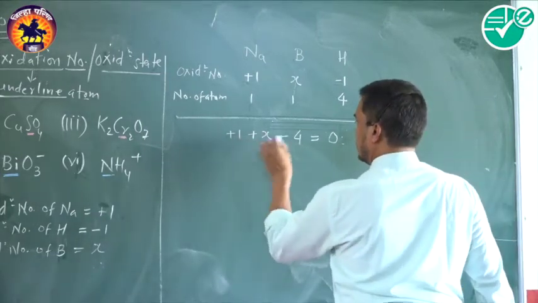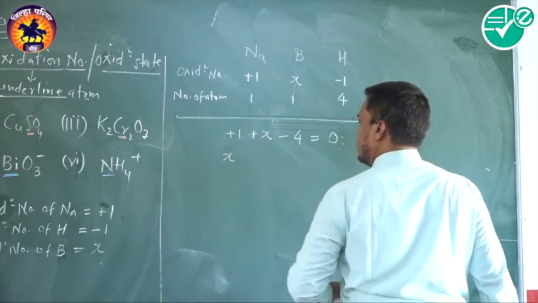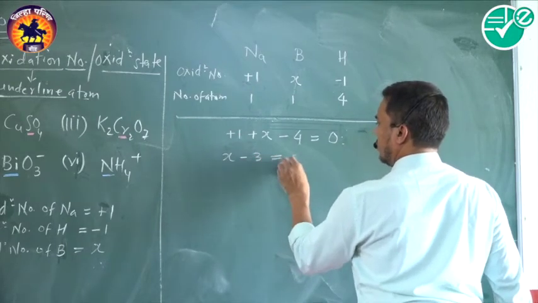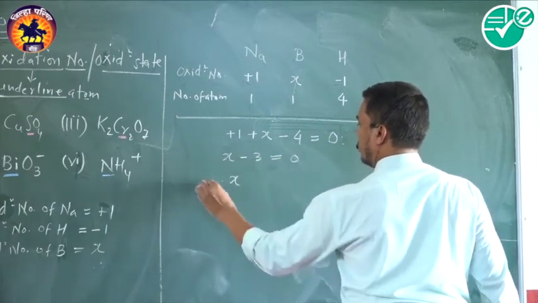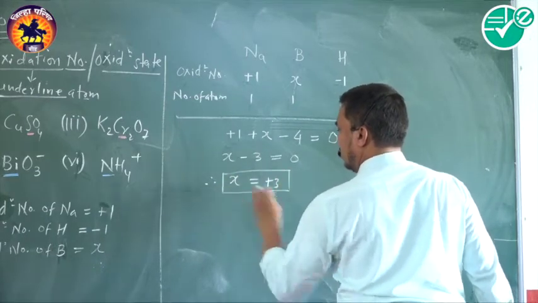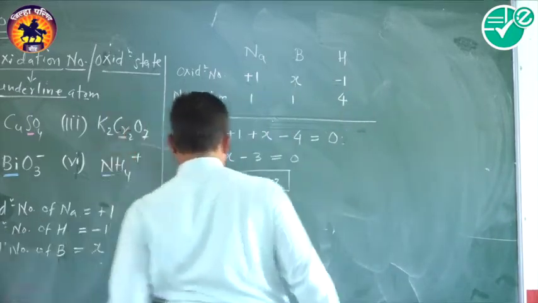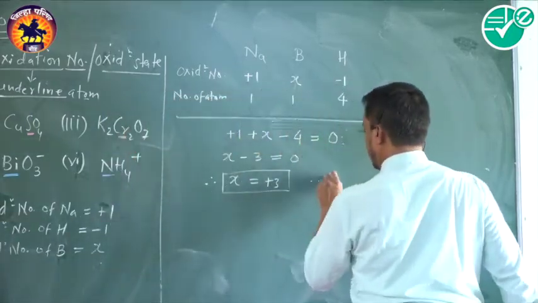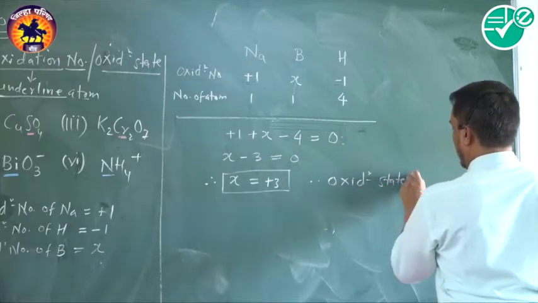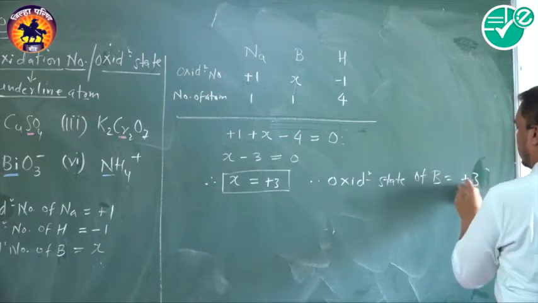Simplify, so it becomes X -3 is equal to 0. Therefore, X is equal to +3. This +3 is the oxidation state of boron. Therefore, the oxidation number of boron is equal to +3.